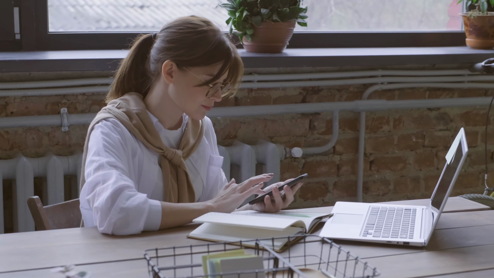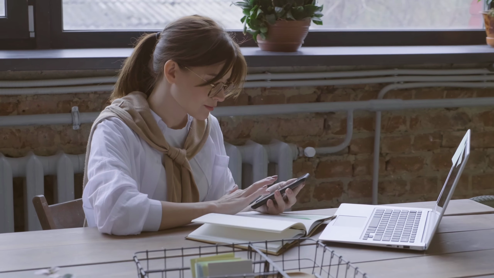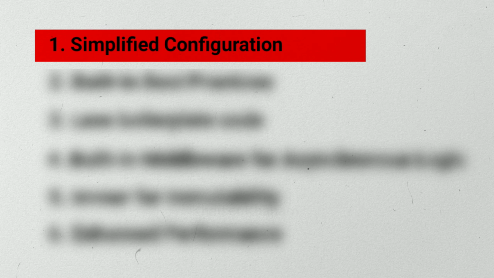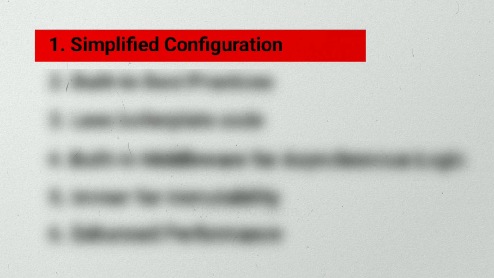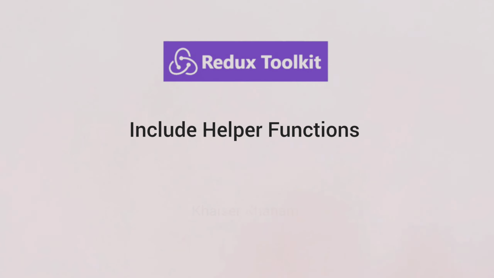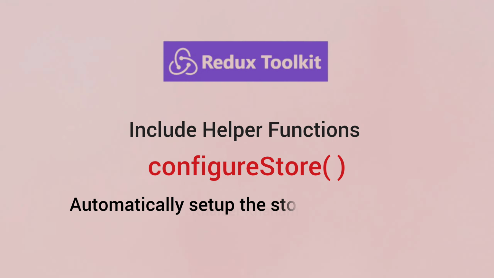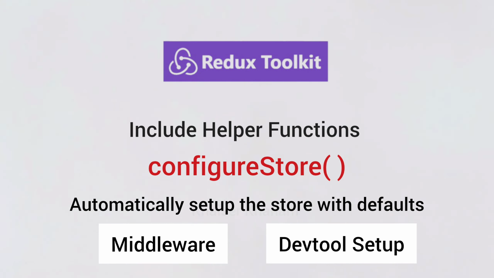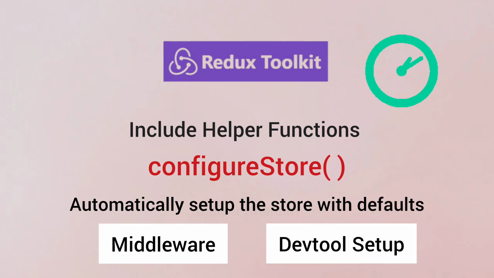And here I will be showing you some of the reasons why Redux Toolkit is preferred over traditional Redux. First reason, it has simplified configuration. Redux Toolkit includes helper functions like configureStore, which will automatically set up the store with good defaults like middleware and DevTools support, saving you from writing repetitive boilerplate code.